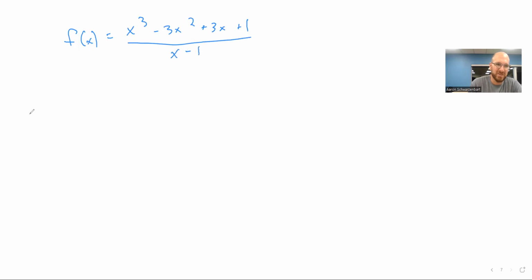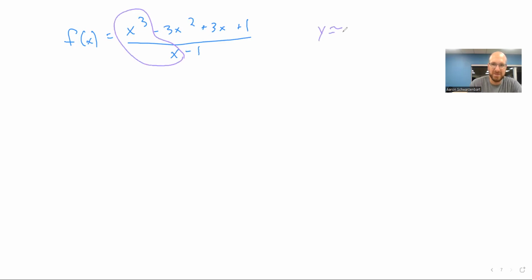Let's talk about finding an end behavior asymptote better than just the shortcut. So here's a new function. This is example 7. My shortcut trick was take the largest over the largest. X cubed over x, and that's x squared.